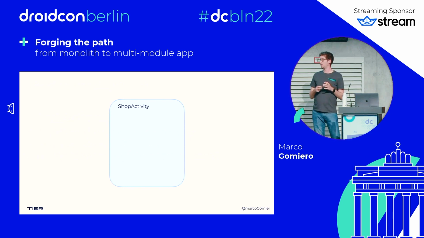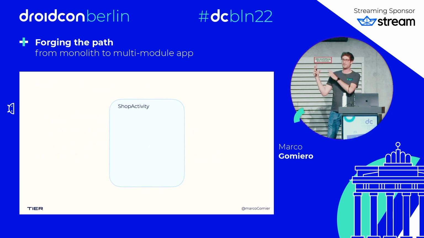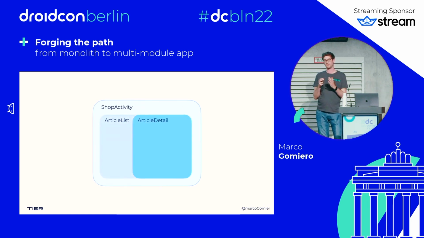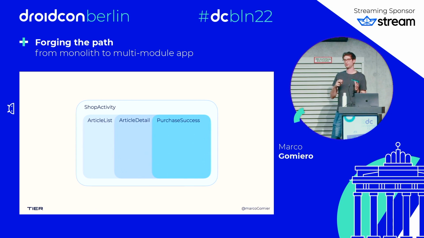For example, we have a shopping application, and so there is the shop activity that has that feature. Inside that shop activity, there are multiple fragments. For example, the fragment to show the list of articles, the fragment to show the detail, and the fragment to show the success of the purchase.